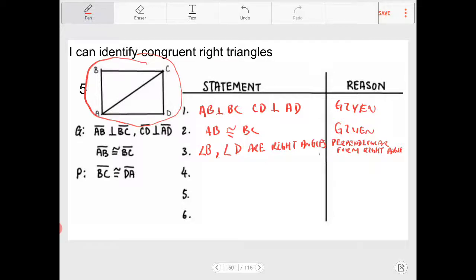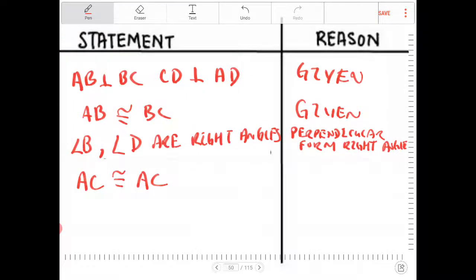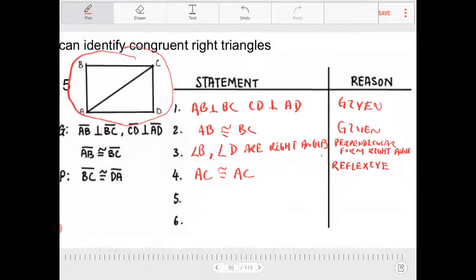Okay, so now knowing this, we have AB is congruent to BC. That is a leg, but we also recognize that AC is congruent to AC, and that is because it's a side that's being shared between both triangles. But also recognizing that AC is congruent to AC, this is actually a hypotenuse. So now I have a hypotenuse, a leg, and this is in fact a right triangle.